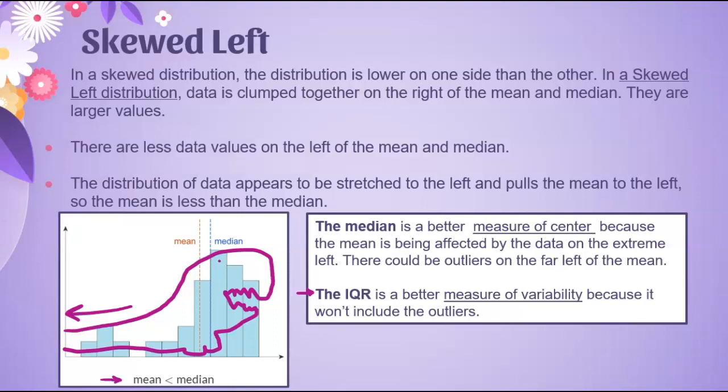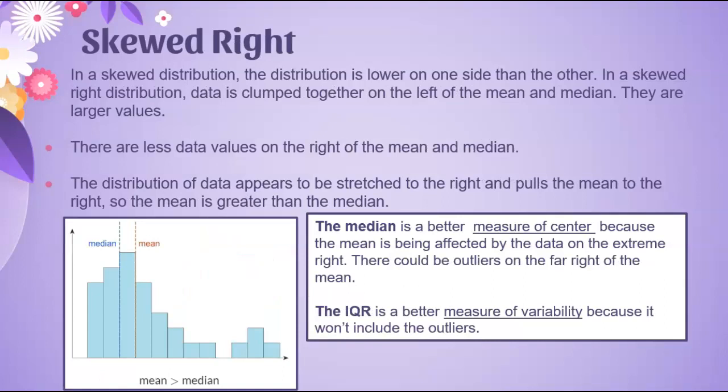So, as we have a skewed left, we also have a skewed right distribution. So remember that if the data is all clumped to one side, the graph is called the opposite. So all the data you see here is clumped to the left-hand side, but we're going to call this a skewed right distribution because the mean is pulling all the data to the right.